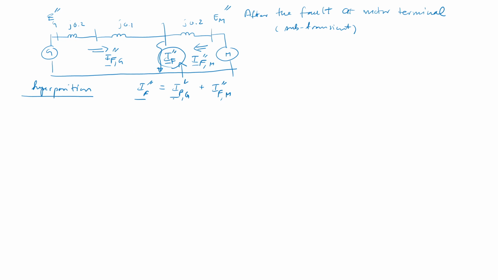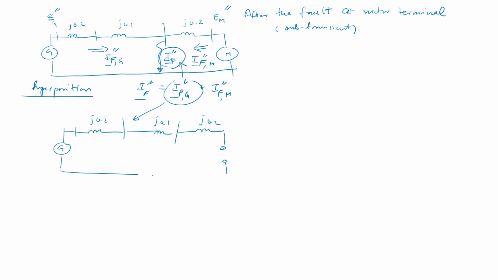At this point, it can be computed from this equivalent circuit: j0.2, sorry, it should be here j0.1, then j0.2, and the motor is deactivated.